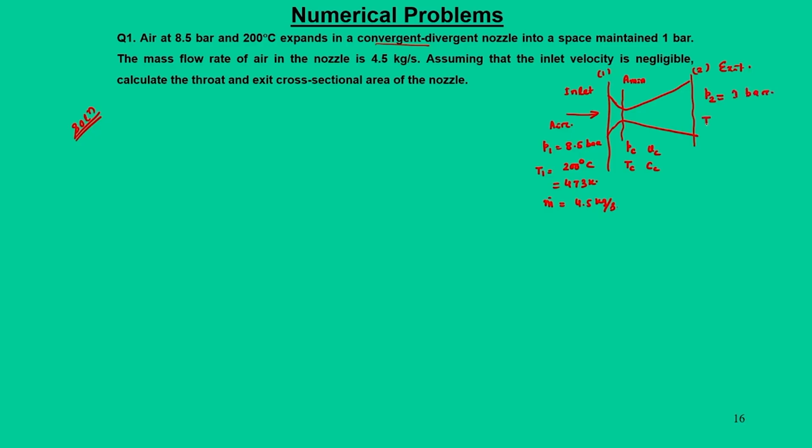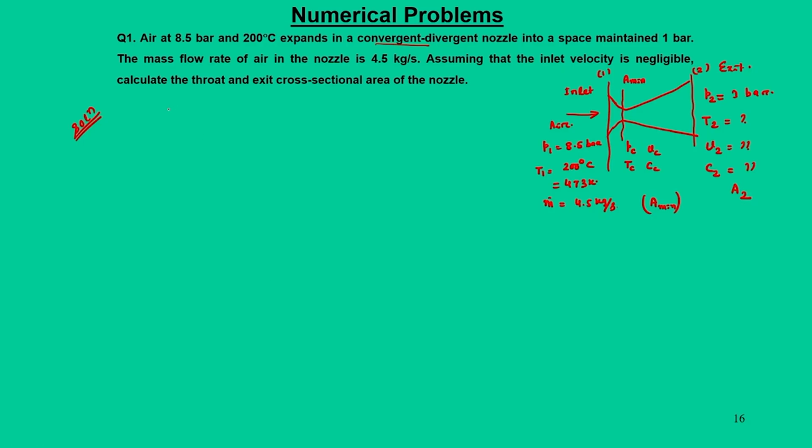We do not know T2, V2, or the speed at exit. What we require is to calculate the throat area A minimum and the exit area A2. So, this is what the problem statement is.